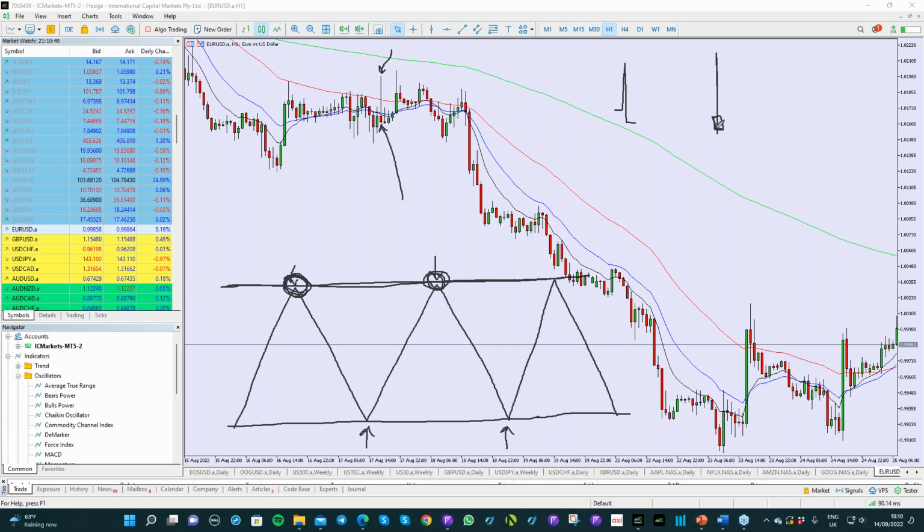It's filled in red, and essentially what that shows us is price opened near the bottom of the candle, price was pushed up to the top of the candle by the buyers, but the sellers overwhelmed the buyers at this particular level, pushed price all the way back down, and price closed near the low of that candle, which means that the sellers actually ended up being in charge of the candle.